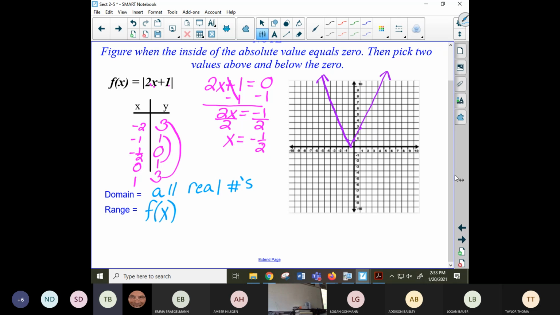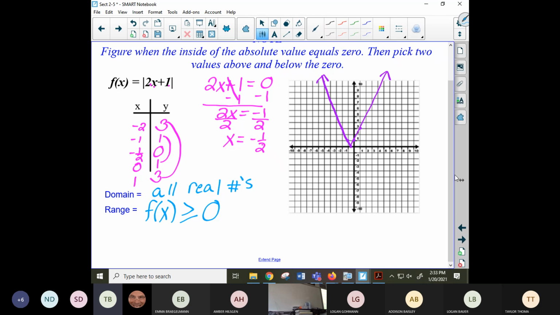It would actually be all positive numbers, but the way you'd write it is f of x greater than or equal to 0. It's all of your y values, and it's equal to 0 because we have a point there. Everything greater than or equal to 0.